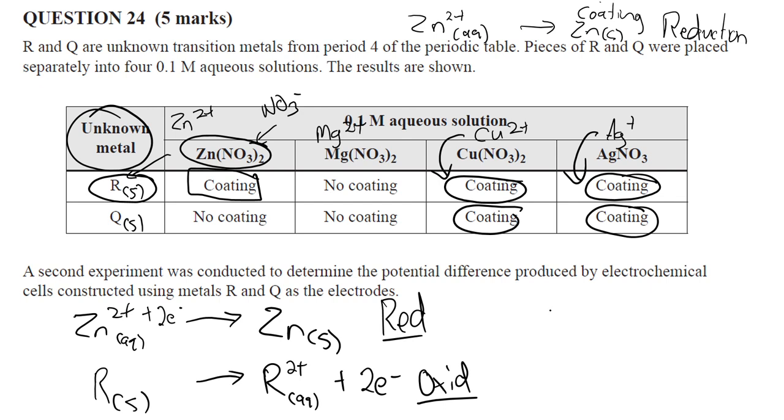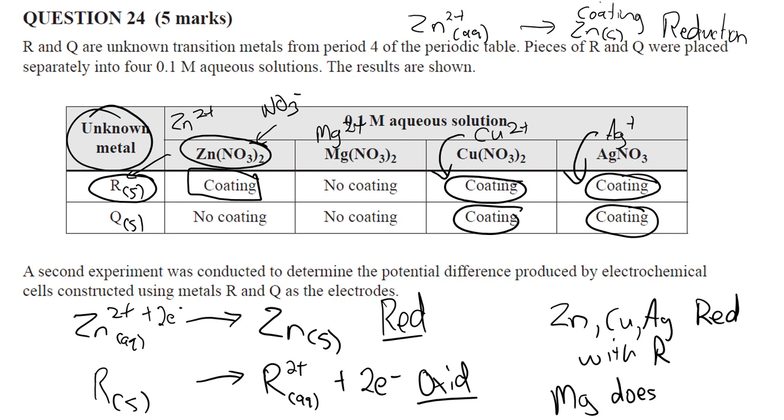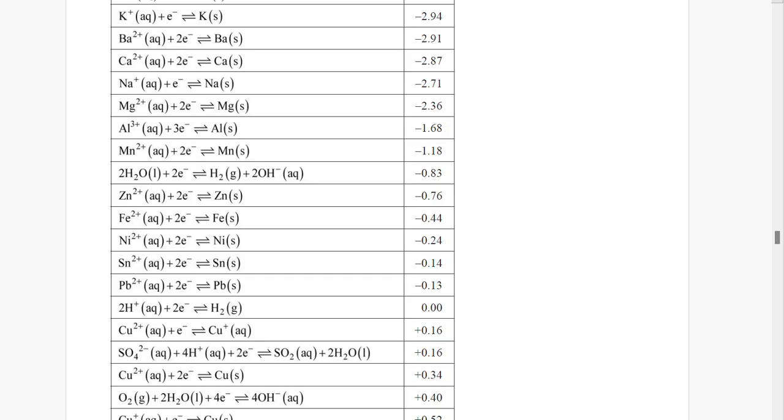So straight away, I can see that zinc, copper, and silver reduce with R, whereas magnesium doesn't. So what does that mean? If we go to our data booklet and look at our table of values here, the ones that are up higher oxidize, the ones that are down lower reduce.